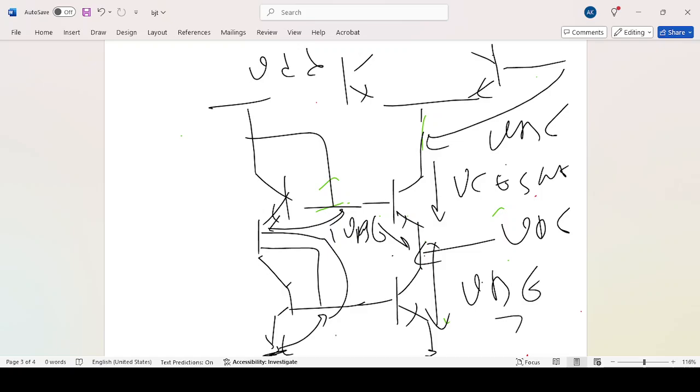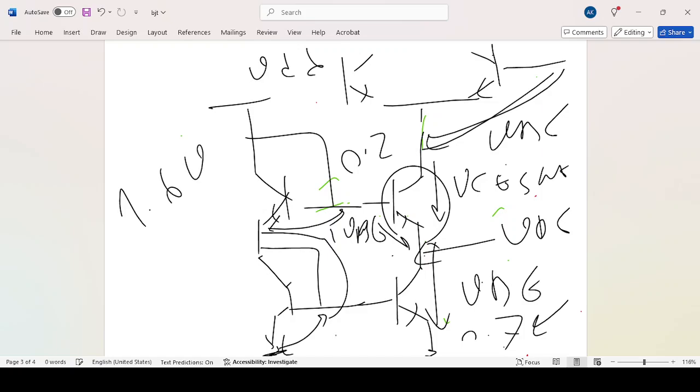So let's say the typical numbers. It's 0.7 here, 0.2 here, and 0.7 here. So you would have a 1.6 volt limitation in your common mode range.